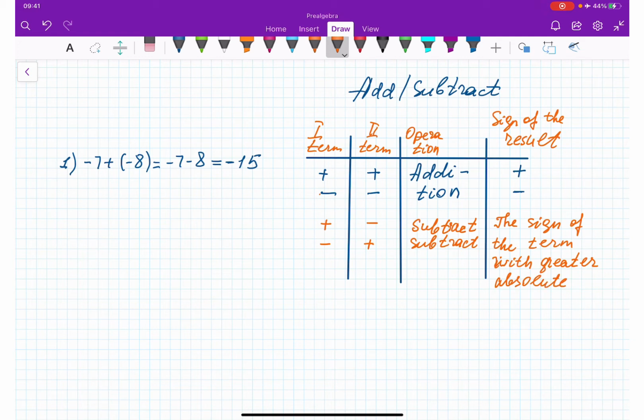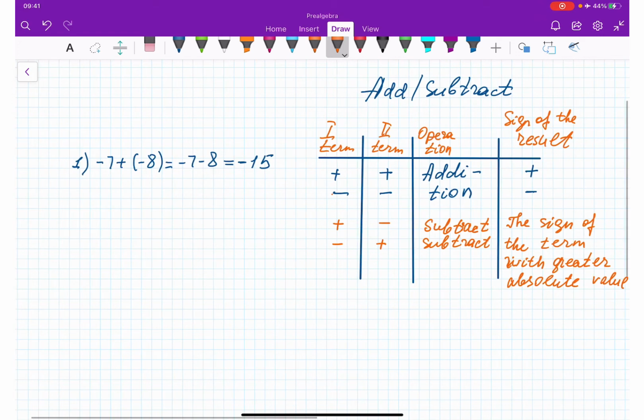Absolute value you learned in the previous chapter, right? I'll go step by step, so when we solve it, I will go slow.